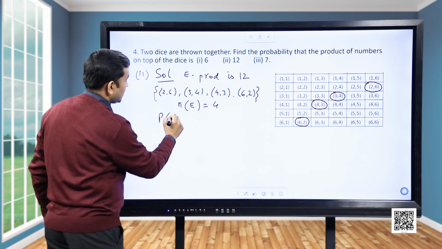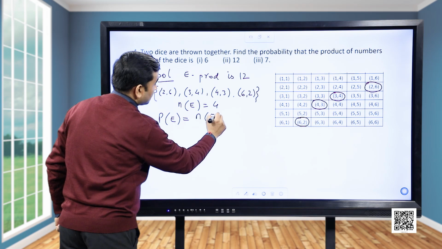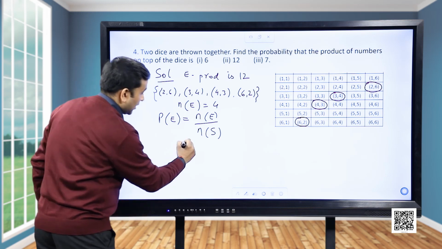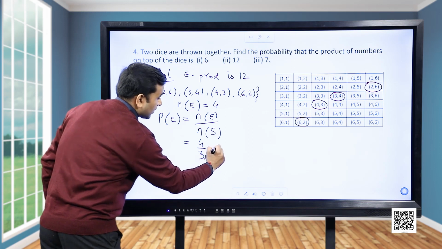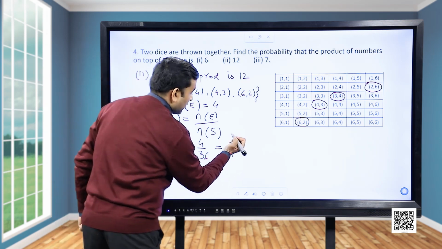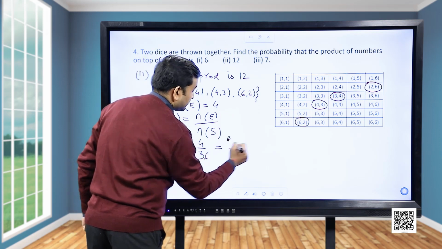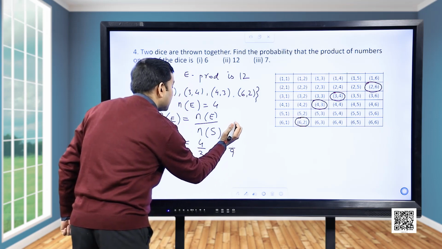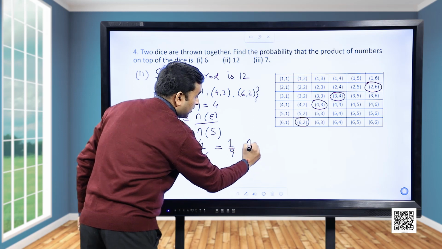The required probability is P(E) equal to number of favorable outcomes upon the number of all the possible outcomes, and this is equal to 4 upon 36, equal to 1 by 9. And this is our required answer.